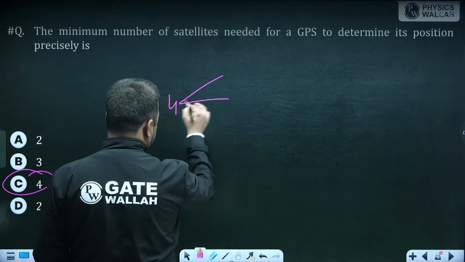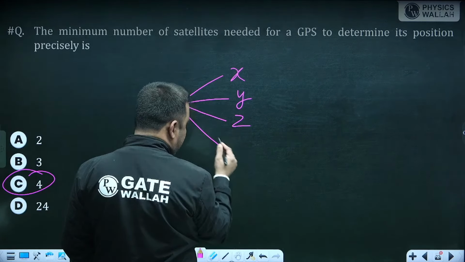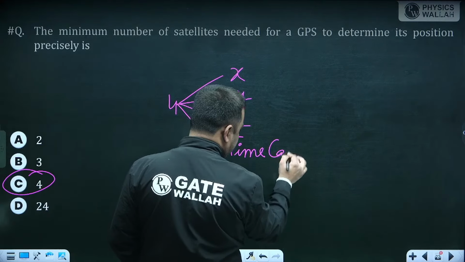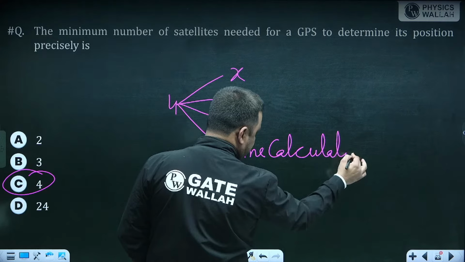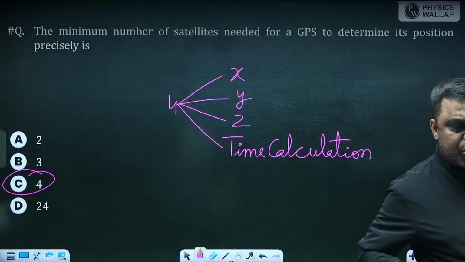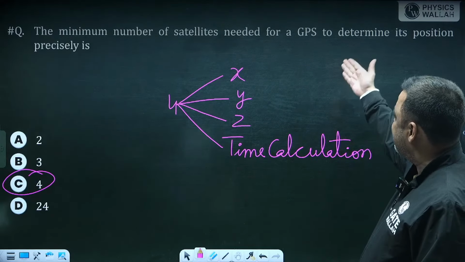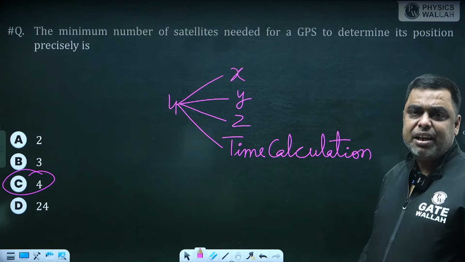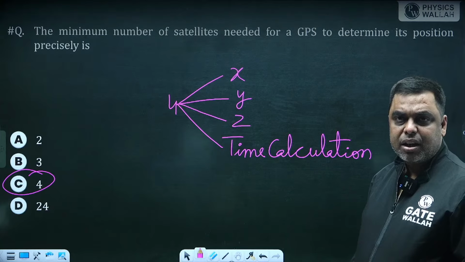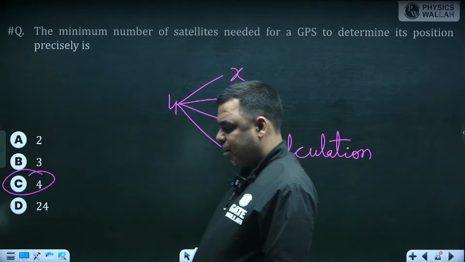In 4, one is for X, another is for Y, another is for Z, and the fourth one is required for corrections, that is time calculation. We know that the total number of satellites are 24. The minimum number of satellites needed for a GPS to determine its position precisely is 4. Agreed? Is this clear?